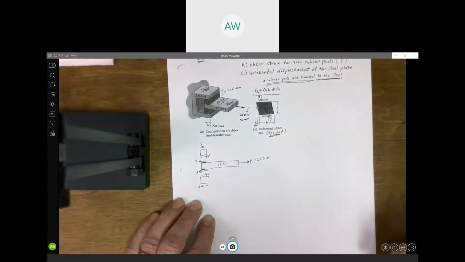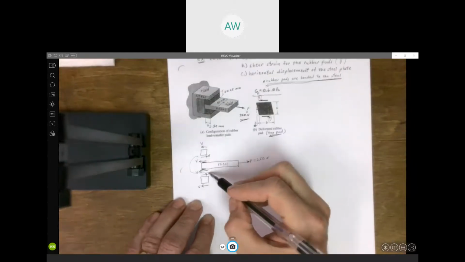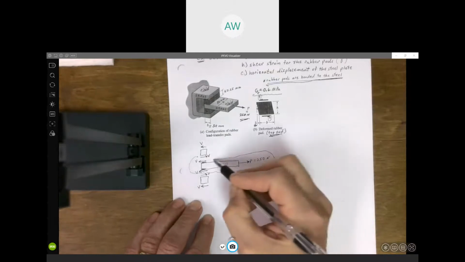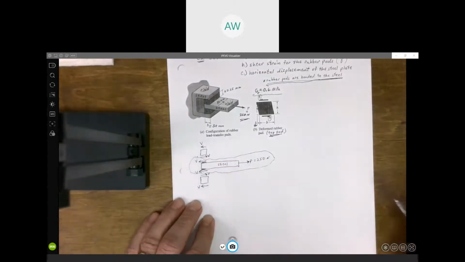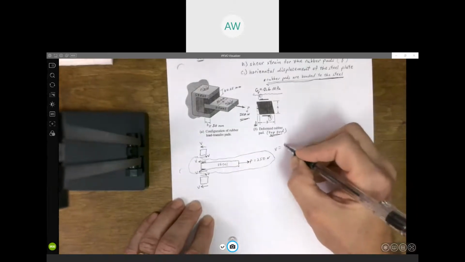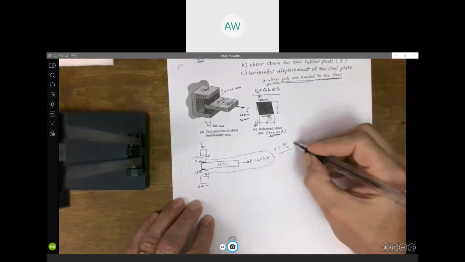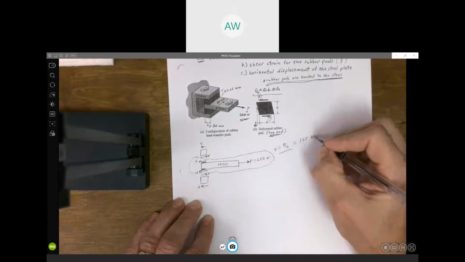Well, just looking at this free body diagram here, the forces have got to add up to 0. So V's got to be half of whatever P is. That's going to be 125 newtons.